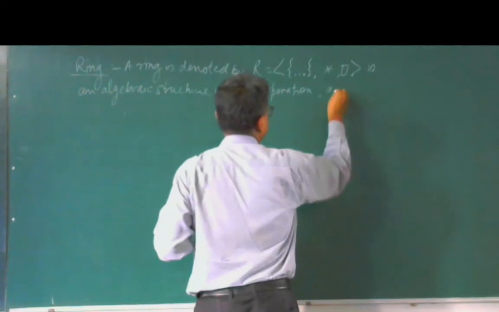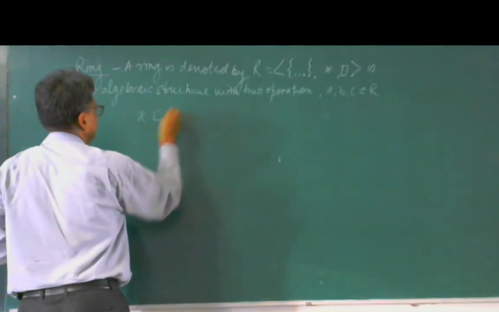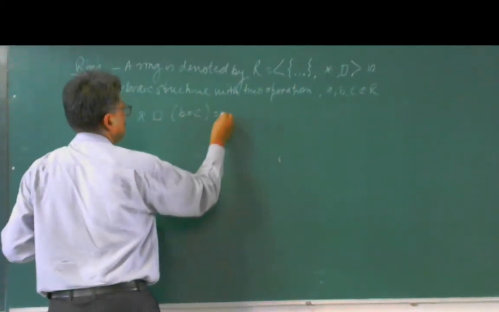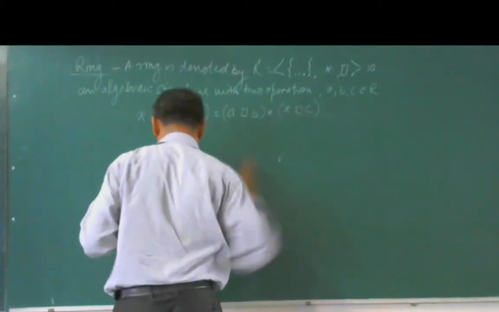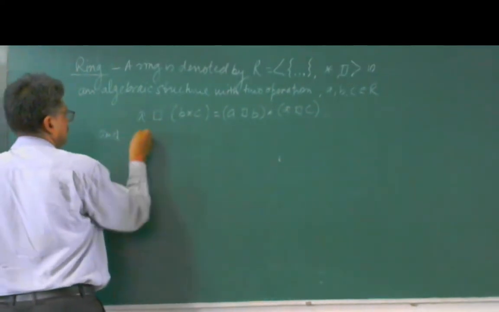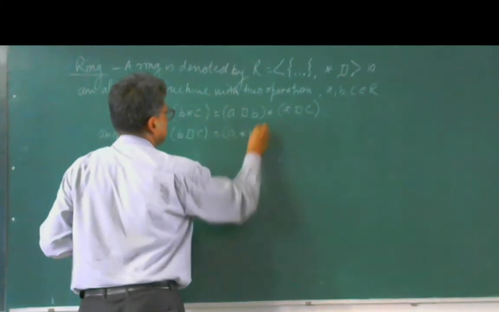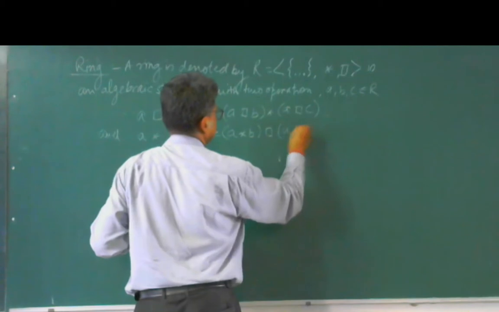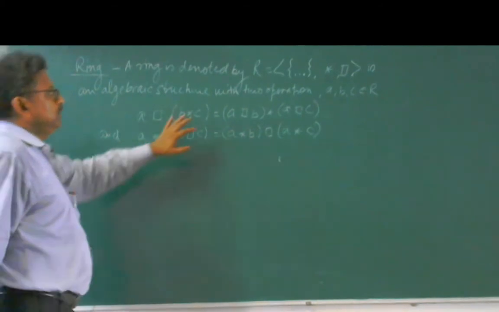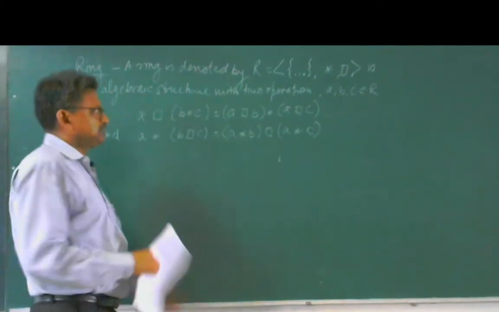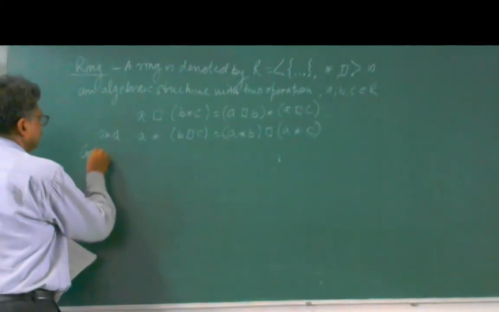It means that if A, B and C are elements of the set, then A star (B operator C) is equal to (A star B) operator (A star C). This is the distributive property. If all these properties are satisfied, that set along with the two operators can be called a ring.